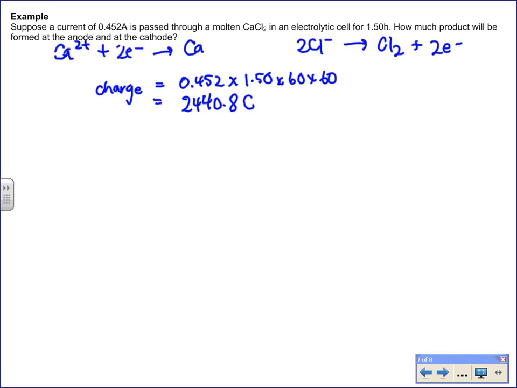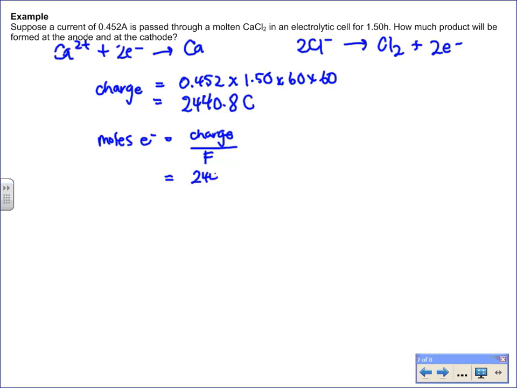Once we know the charge, we can determine the number of moles of electrons, because we know that 9.65 times 10 to the 4 is the number of coulombs per mole. The moles of electrons can be determined by taking the charge and dividing it by Faraday's constant.